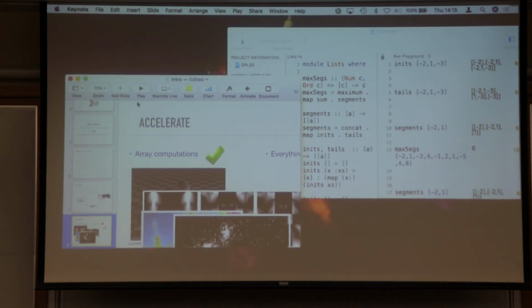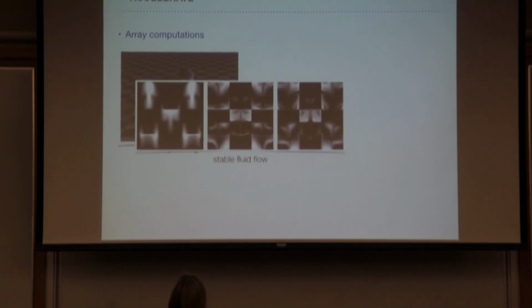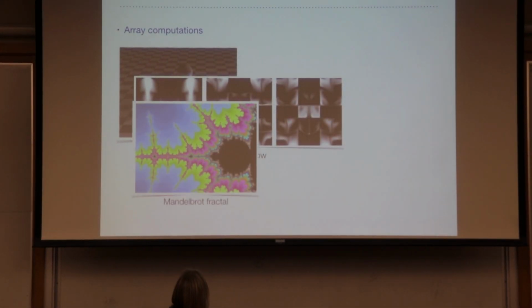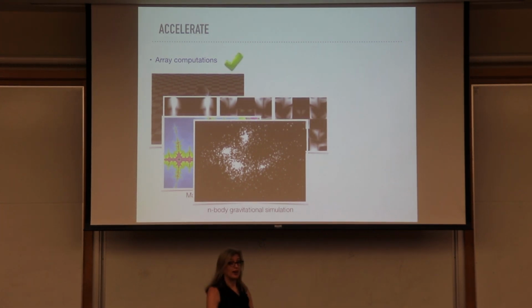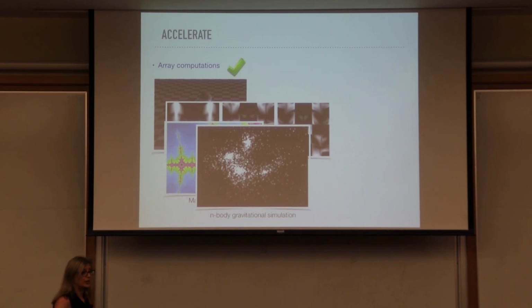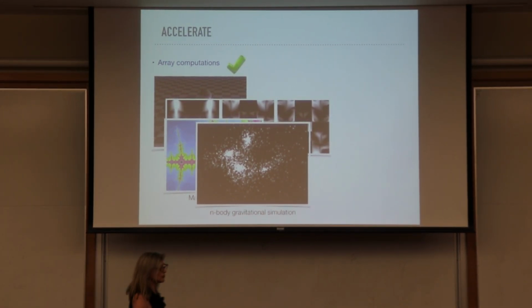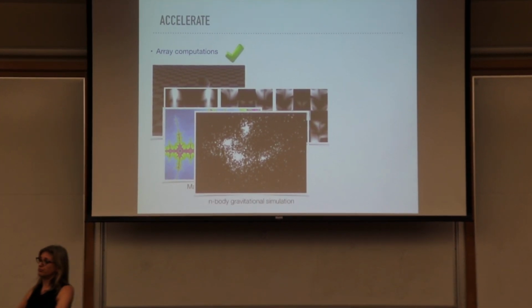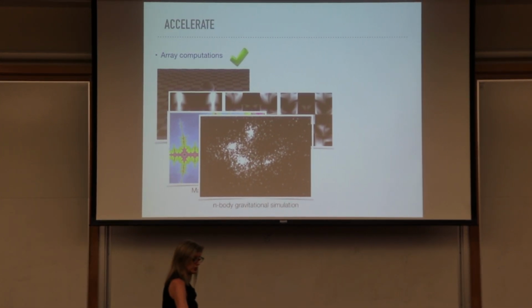Yeah, so as long as you basically stay in these areas of array computation, ray tracing, fluid flow, Mandelbrot, and n-body simulations, Accelerate is fine. It doesn't support any real nested or irregular computations. So if you do have sparse matrices, you have to manually convert that to something like compressed row format or so on.